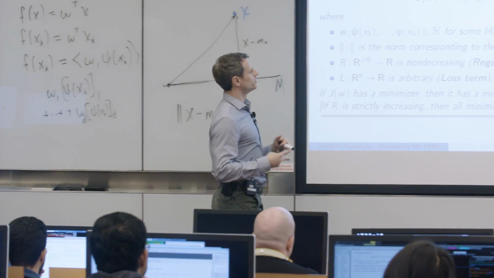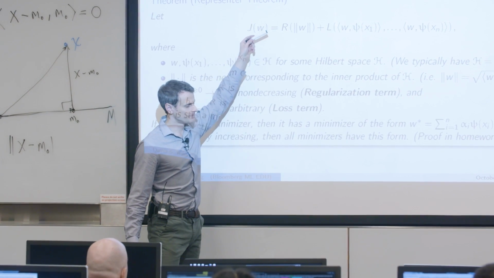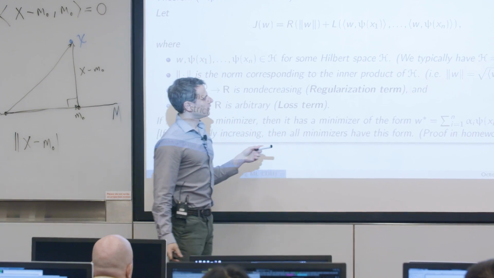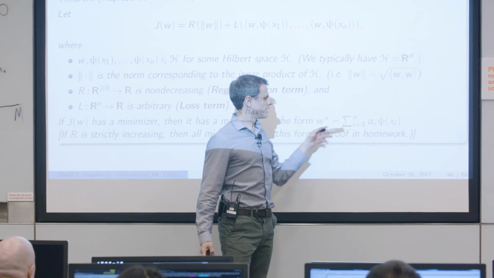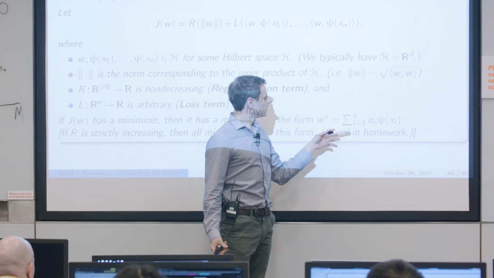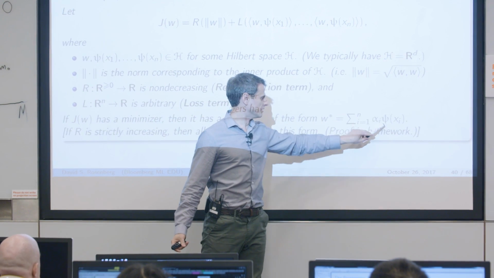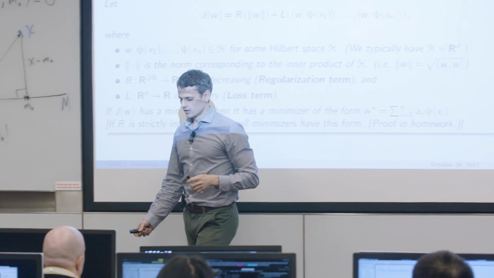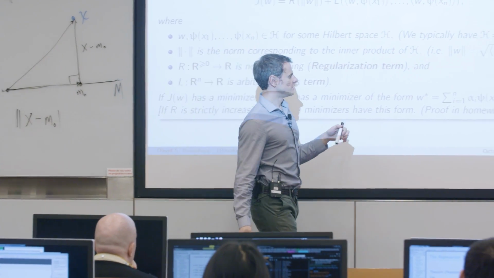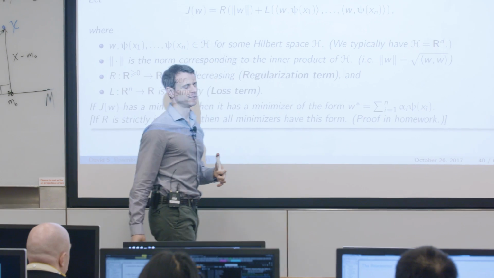Suppose you had some W that purports to minimize, or may actually minimize J of W, and it's not in this linear combination form. Now, one way to formulate W star being in this form is to say W star is in the subspace spanned by these vectors psi of xi.